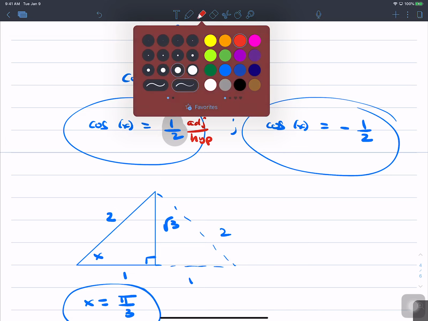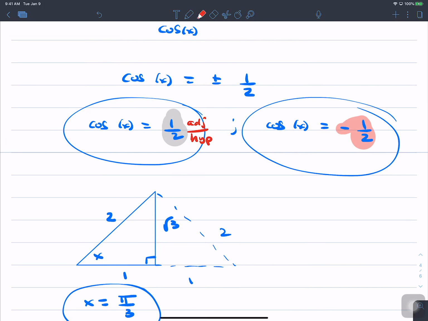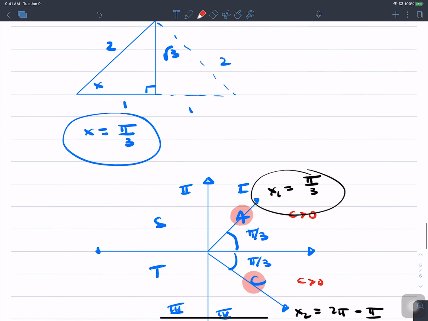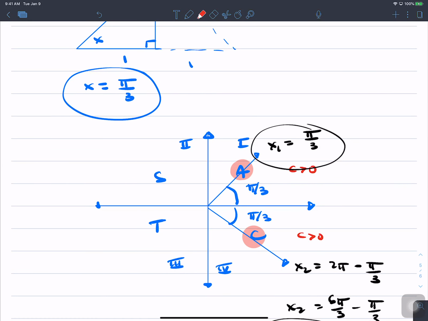you also have cosine here being negative 1/2. So you say, what quadrant is cosine negative? Quadrant 2 and quadrant 3.